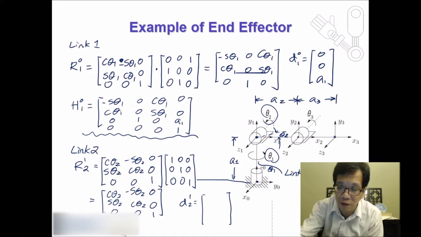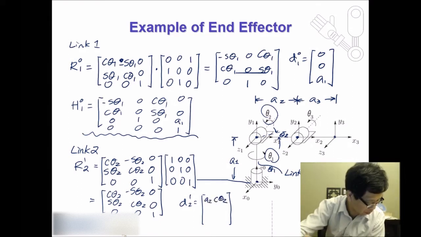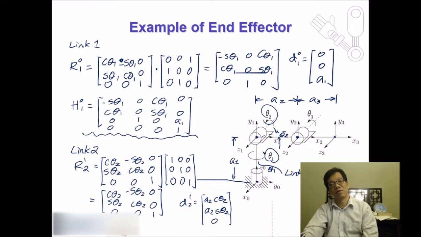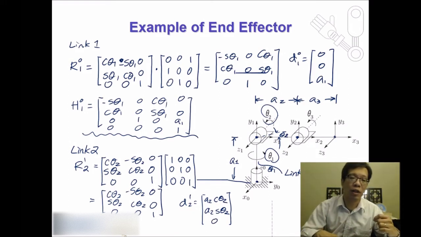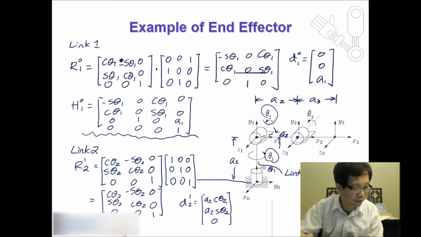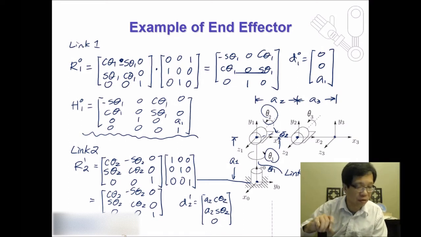So if we need to find the position of this joint, it is actually A2 cosine theta 2. This one is going to be A2 sine theta 2. This is still 0. So we kind of complete the matrix of link 1 and link 2.